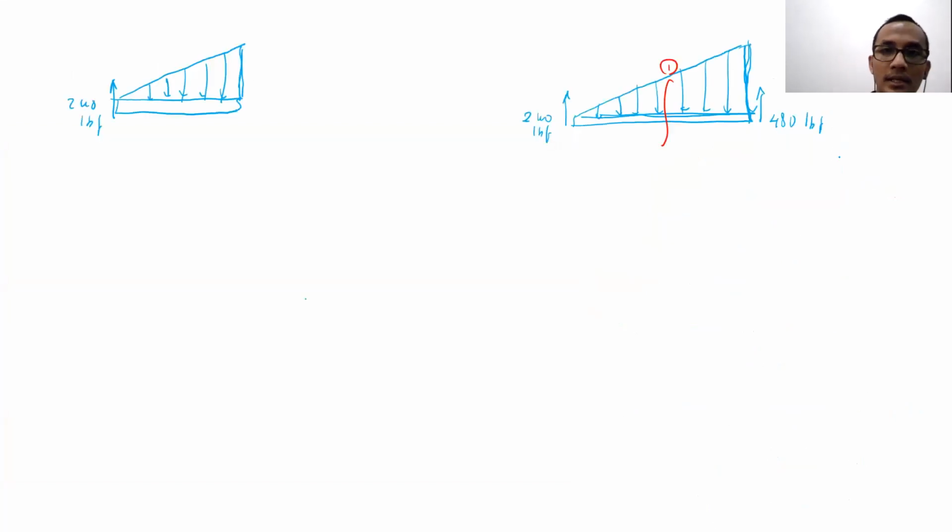Okay, this one, and what we have here is V and M, right? For the internal force and internal moment. Correct, and the distance here is supposed to be X. Now, what is the maximum value here?